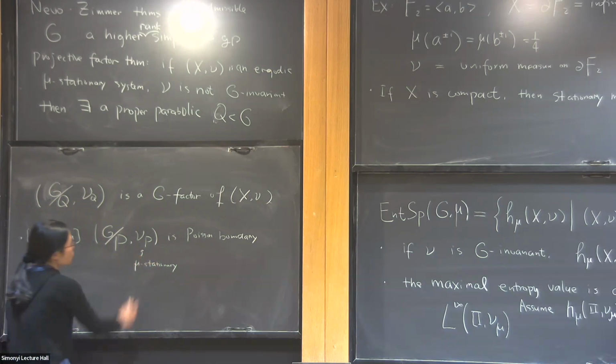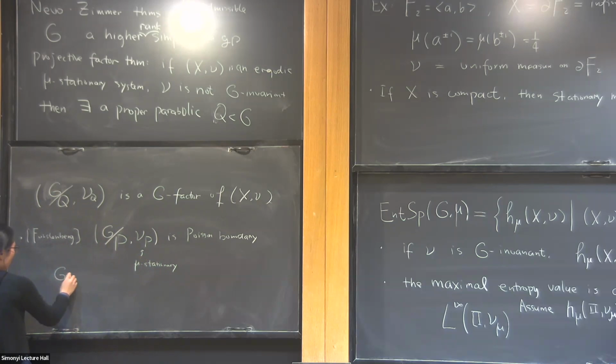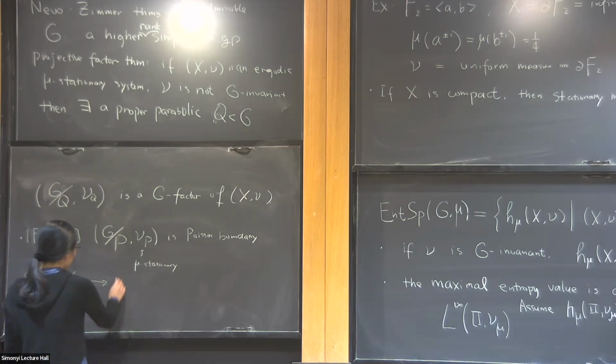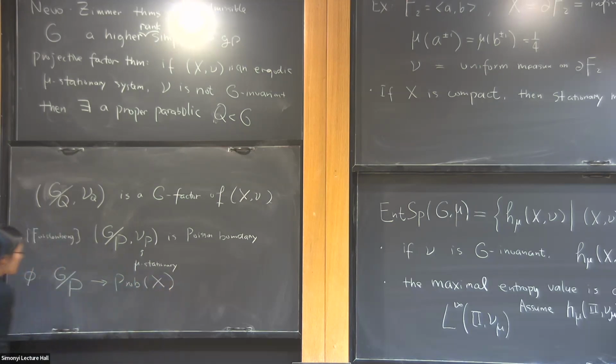So this is the Poisson boundary, and then just by martingale convergence, you would obtain this boundary map. So there is a boundary map from the Poisson boundary into probability measures on your space. So you can think of it as a decomposition of your stationary measures.